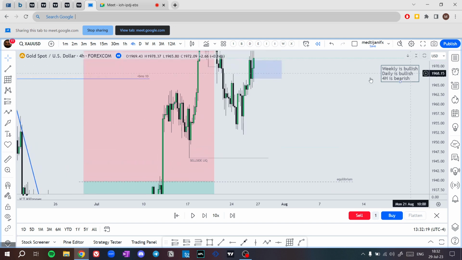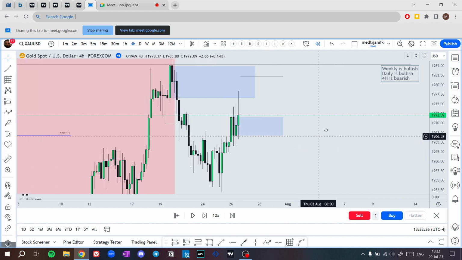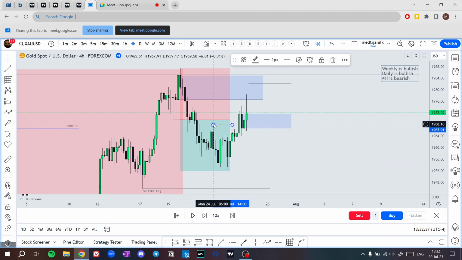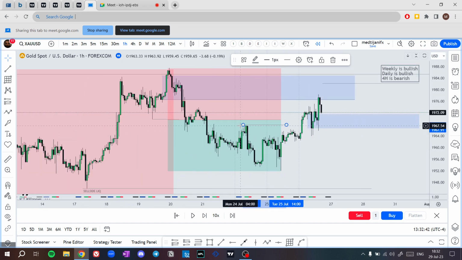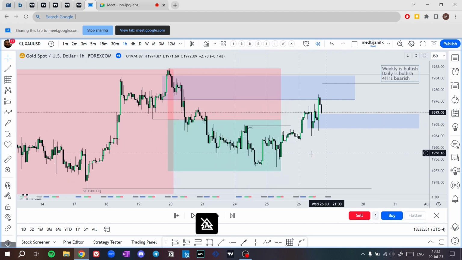So here, as we said, 4 hour bearish, and right now let's see how we're going to enter. We have our range here from this high to this low, right? We see that price has taken this high here. Once price took this high, it is a confirmation on the 1 hour time frame, and we could say, okay, it is a break of market structure, BMS, right?